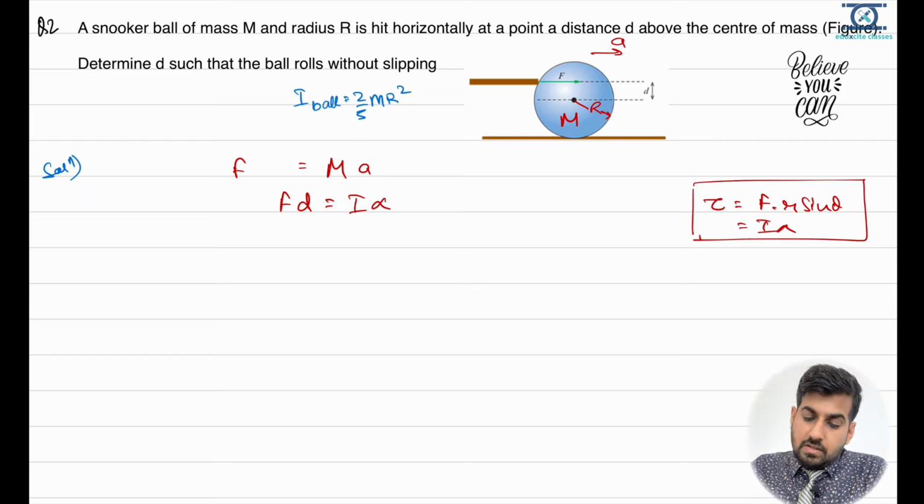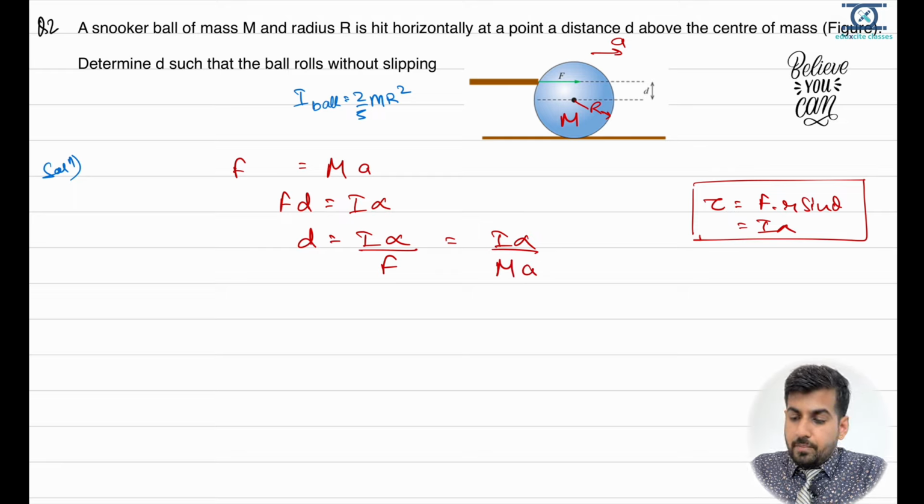So I got two equations, so I can write this if I want to find d. So d can be written as I alpha over F. And F can be further written as capital M into a, so I alpha upon capital M into a.